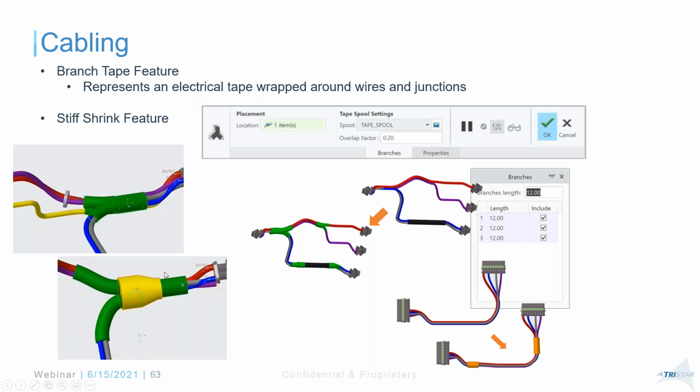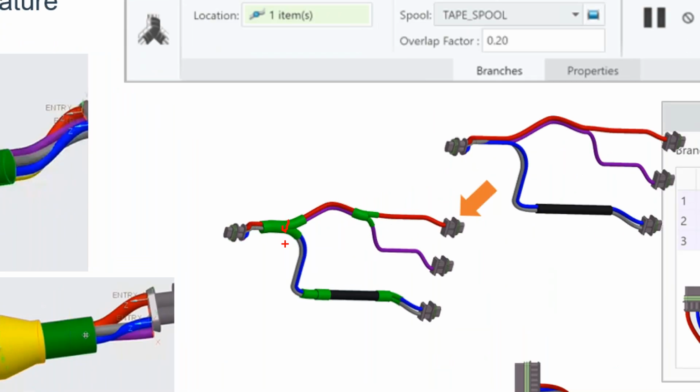On cabling, two new things. If you use Pro cabling for routing your harnesses and flattening, the branch tape feature essentially represents electrical tape wrapped around wires and junctions. You're able to select one of the actual points that you use to route.